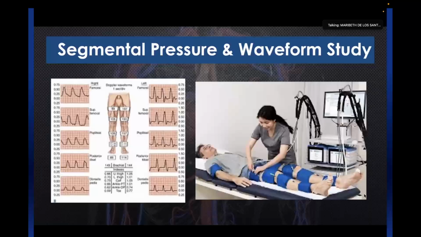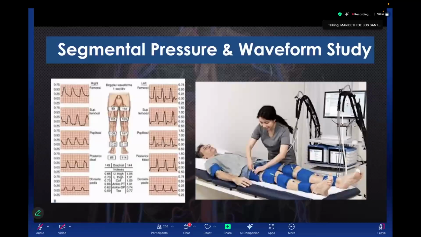Now, aside from ABI, how do we diagnose PAD? So we have segmental pressure and waveform study. This is localization as to the exact site of stenosis along the lower extremity.